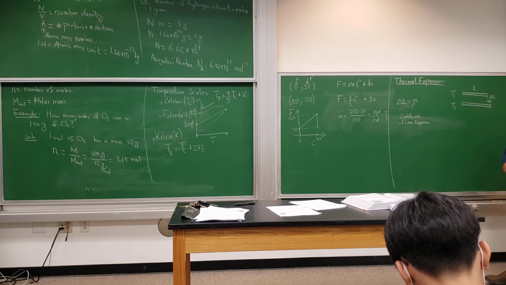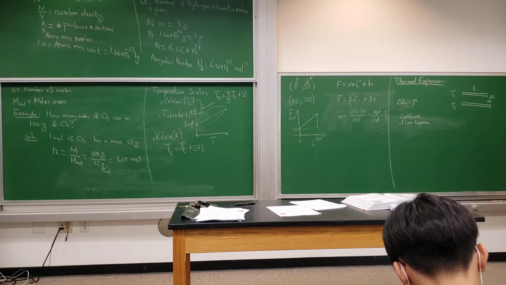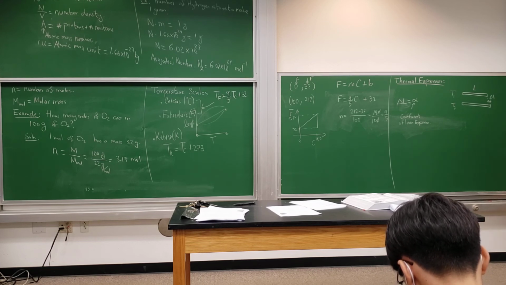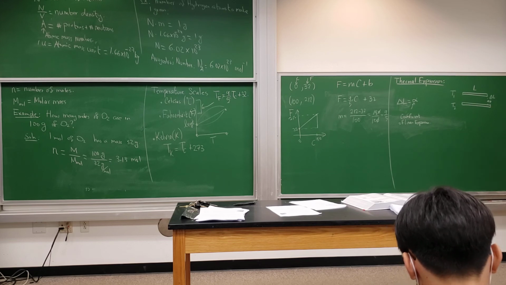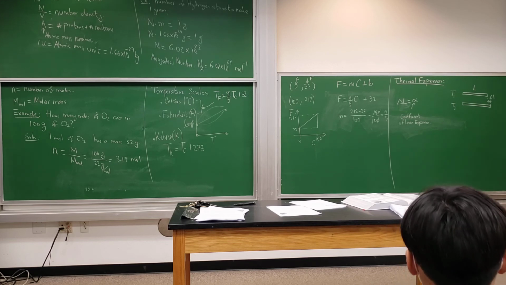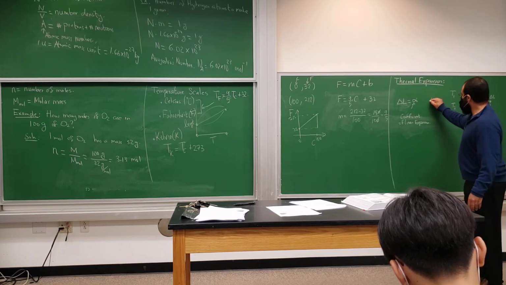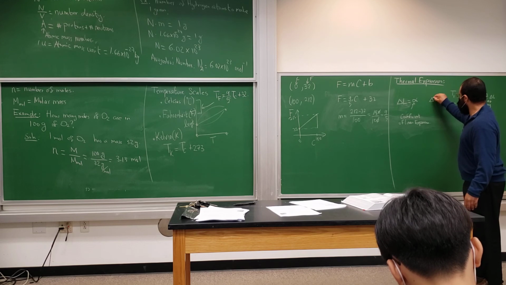We'll get the units of it in a moment. What else would it depend on? If I heat it by 1 degree versus 10 degrees versus 20, which one will expand more? The change in temperature. The larger the change, the more the expansion, right? So it's proportional to the change in temperature, delta T.